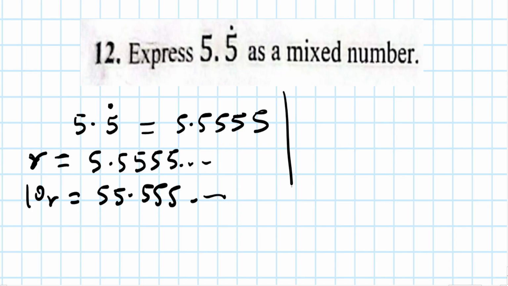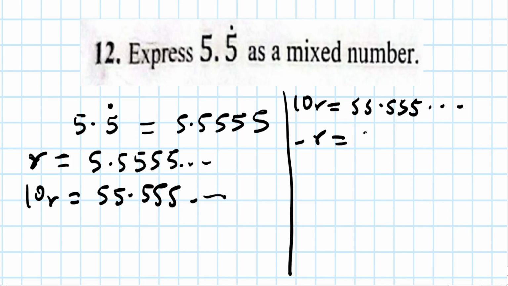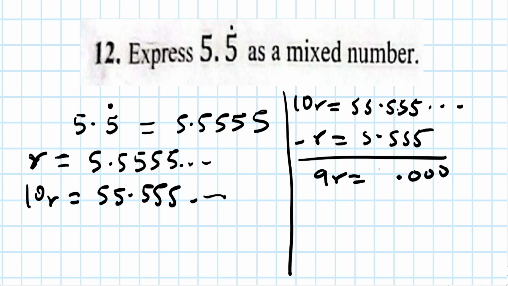So what we normally do, we take the 10R, which is 55.555, okay, subtract the R that we said is 5.555, then it's going to give you 9R, which is equal to 50. This one becomes 0.000.